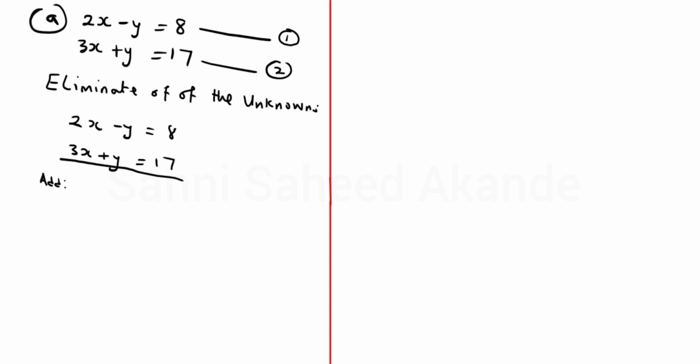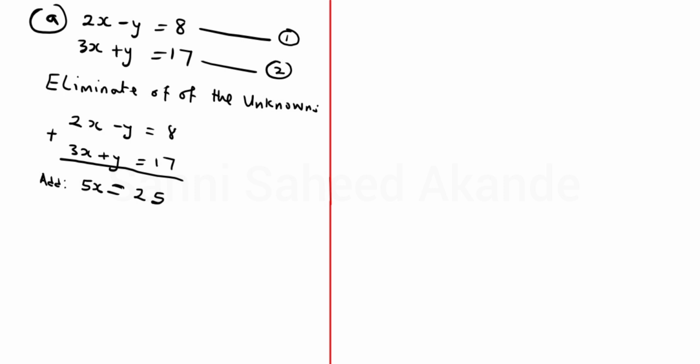On adding them together, we have 2x plus 3x, that would be 5x, then minus y plus y, and that will be 0. Understood? So y has been cancelled out. Then equal to 8 plus 17. 8 plus 17 will be equal to 25.